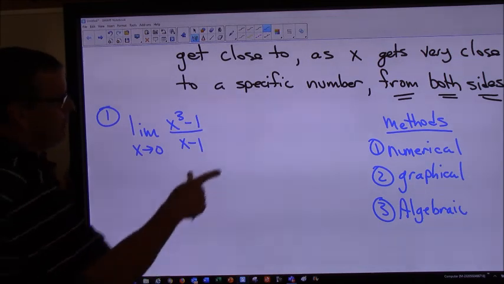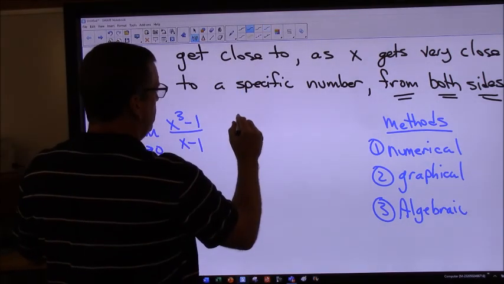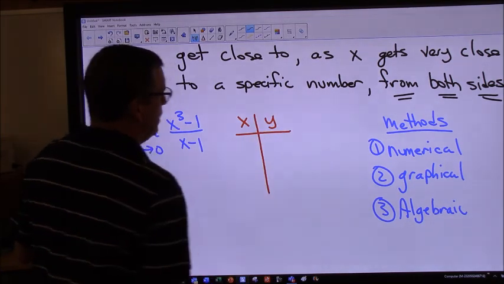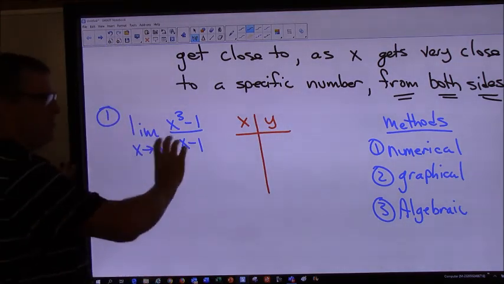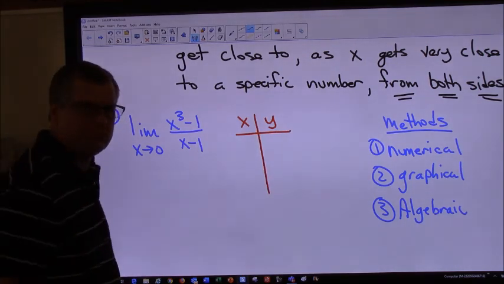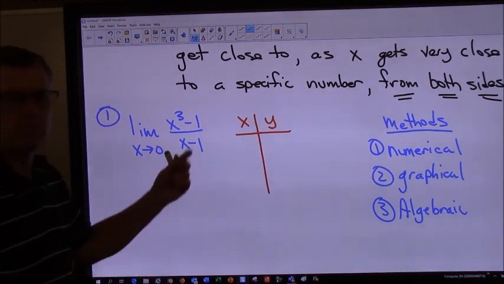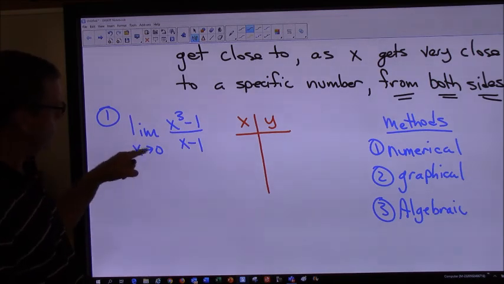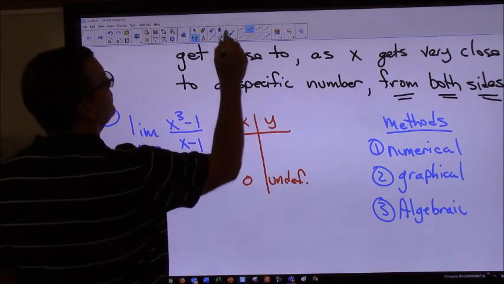So a numeric method means that what I'm going to do is make an x, y table. Our book, for some reason, likes to do these tables sideways, but this makes more sense to me. And I want to plug in some numbers really close to 0. I got the wrong number here.